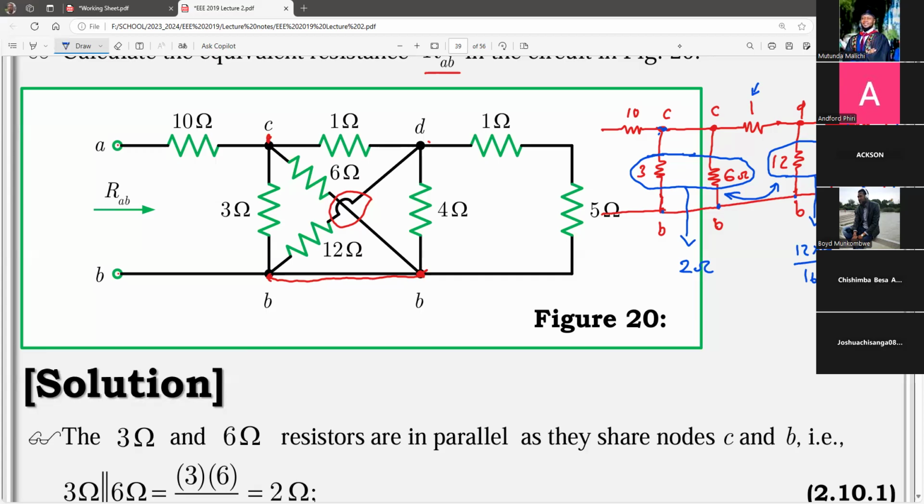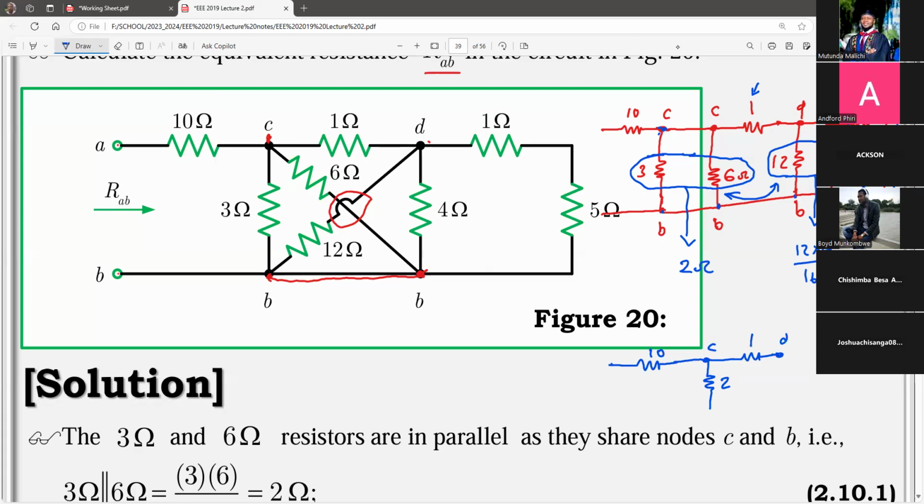If you did that correctly, what you should have obtained would be a 10 there. You get to point C. Then here you have a 2 ohm. This is C. Then you have that 1 ohm.